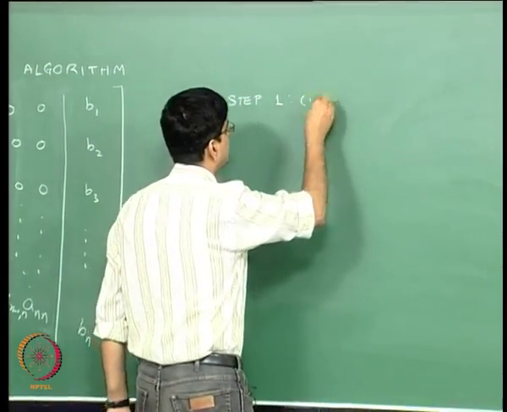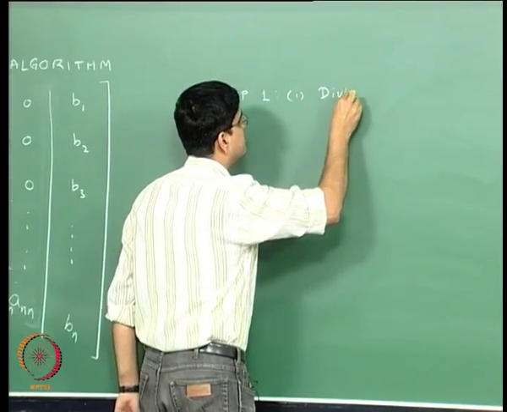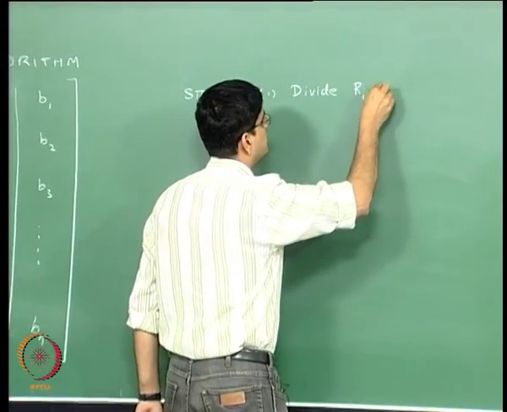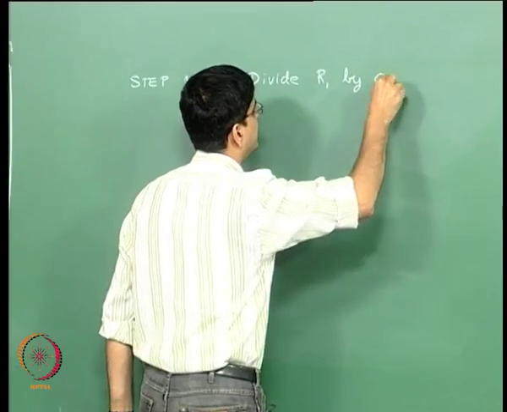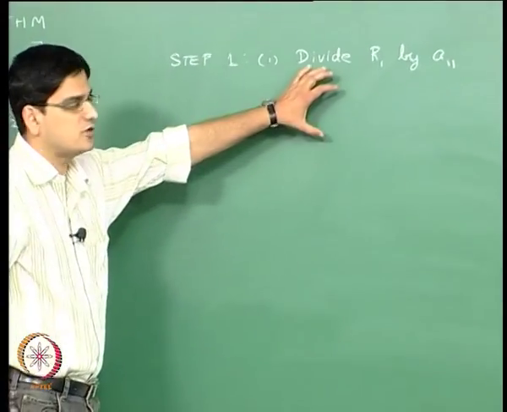The first part is divide R1 by A11. Okay. That is what we are going to do.